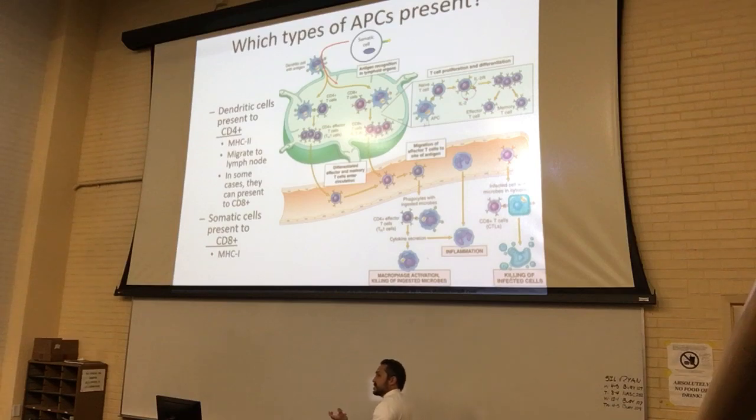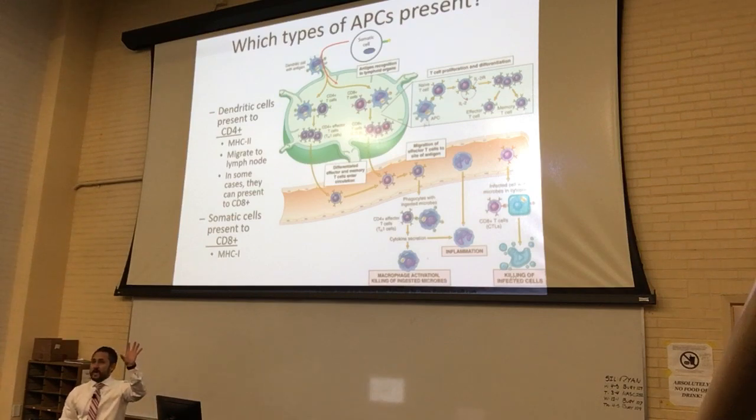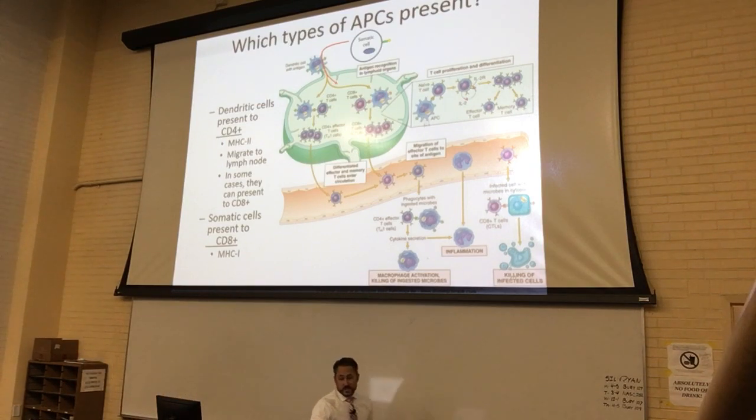And these cytotoxic T cells then are the soldiers that go out. They find those somatic cells that have the display, and out here in the circulation is where they kill them. Make sense? Okay. Questions on this slide?